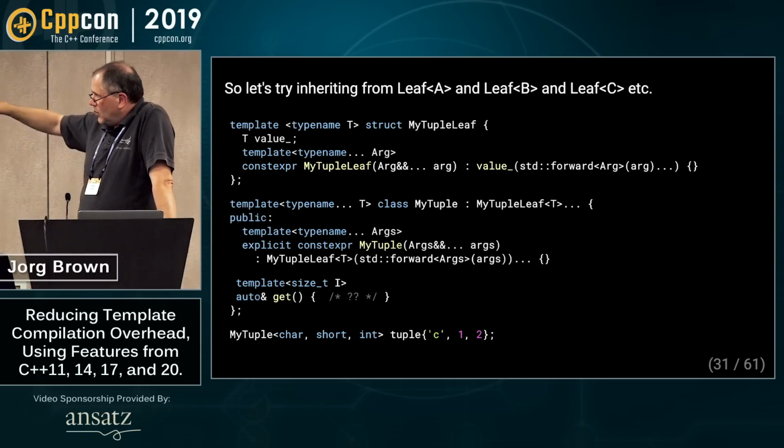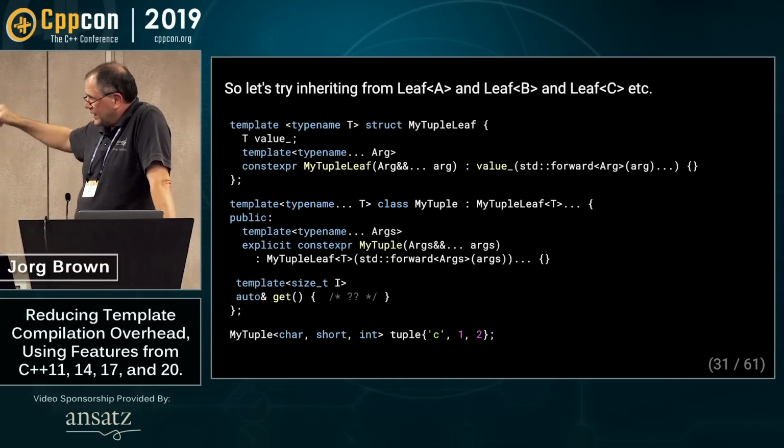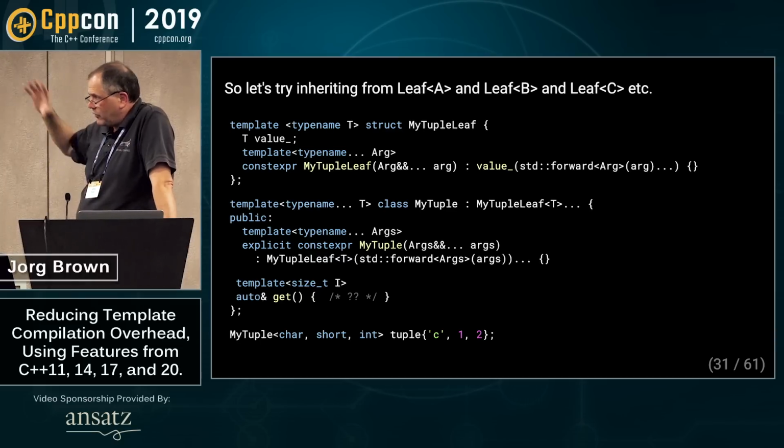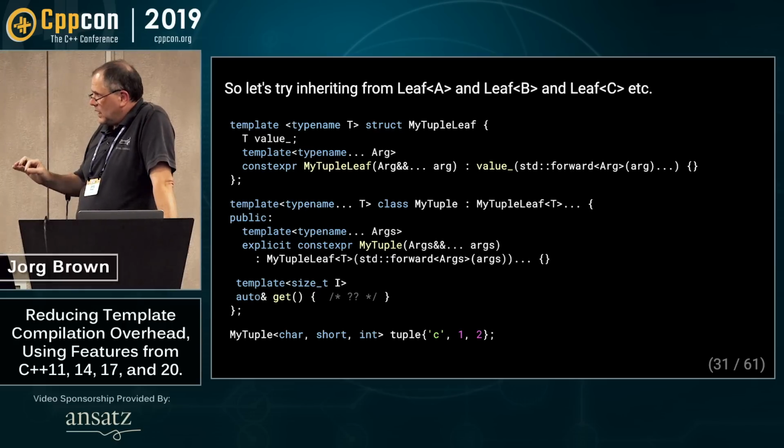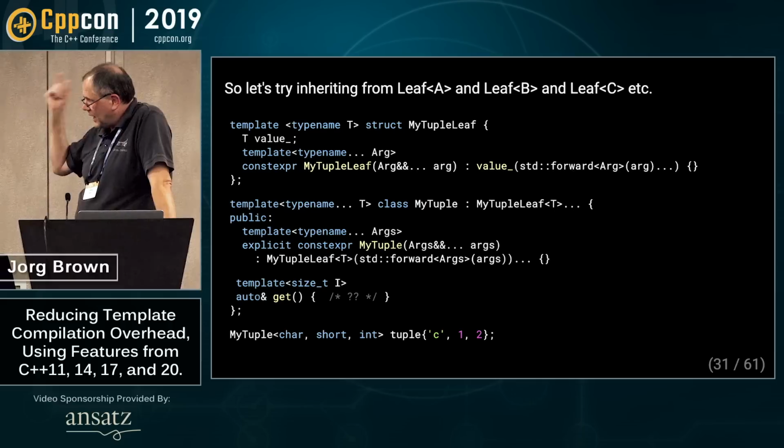So, back to the second definition there, this my tuple now inherits from my tuple leaf of T... So now, in the case of 150 types, you're inheriting from 150 my tuple leaf objects. But the constructor, we can actually get it to instantiate my tuple leaf, forwarding one argument at a time to each individual leaf object.